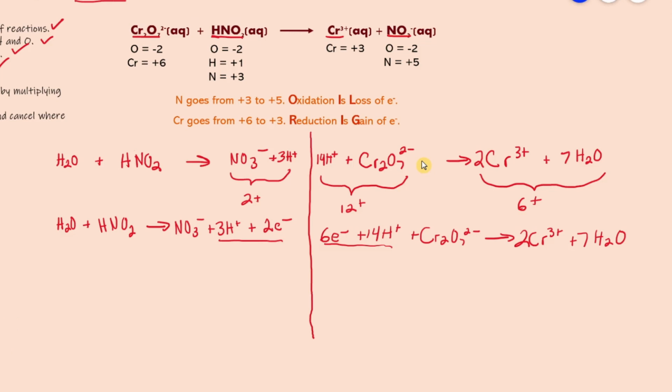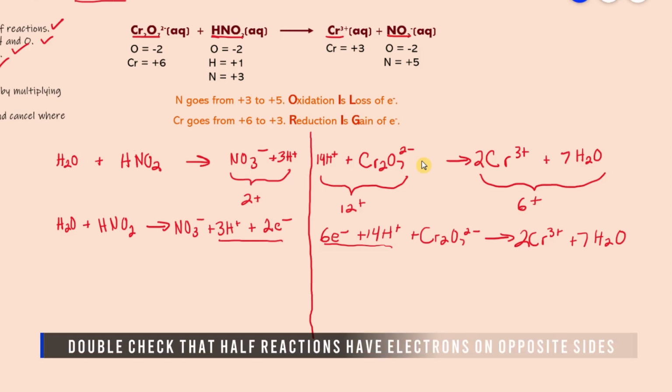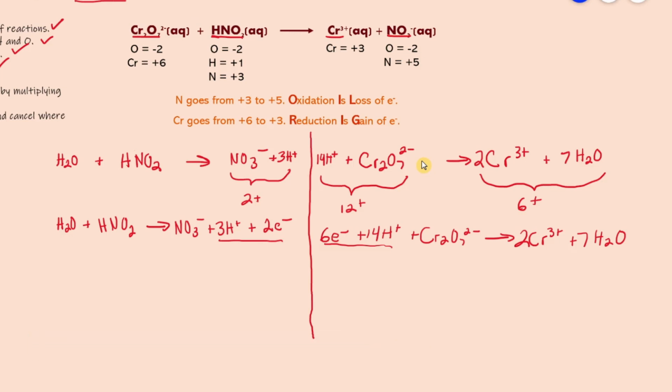Another thing to note is that with your half reactions, in one case, the H+ and electrons should be on the product side. In the other case, they should be on the reactant side. So you should have them on opposite sides. If you have them on the product side in both cases or on the reactant side in both cases, then that means you've probably done something incorrectly. They should be on different sides. So now that I've done this, I've balanced my charge.